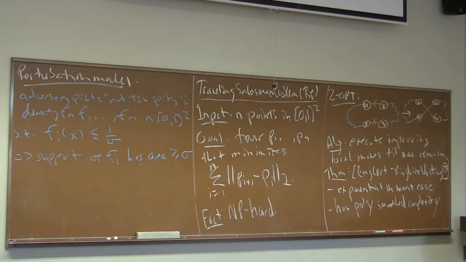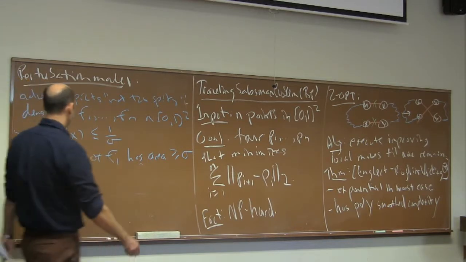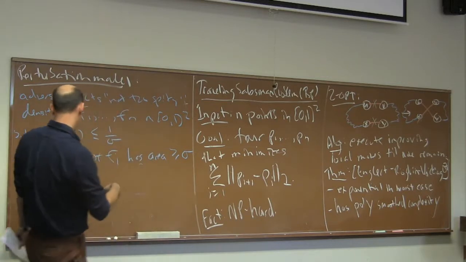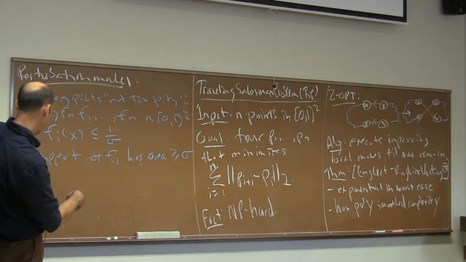So it's an area 1 square, right? If you had to pick sigma to be like 8, so that you had to limit everything by 1/8, wouldn't that mean you have to spread out over an area of 8, which is bigger than the square? I don't understand why sigma can't exceed 1.